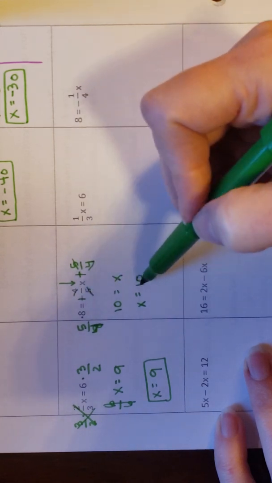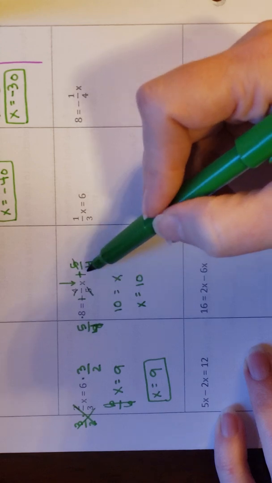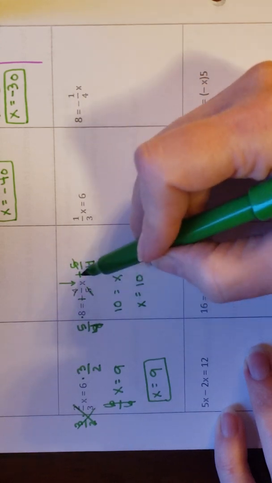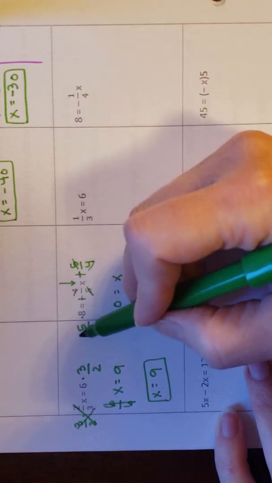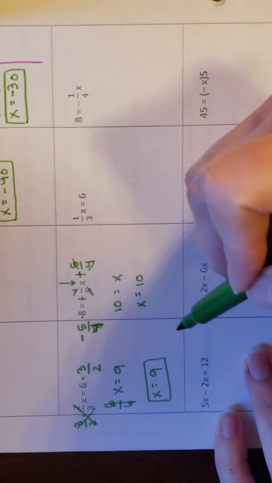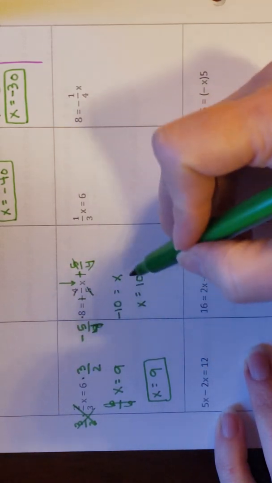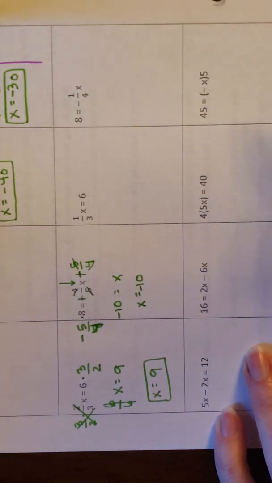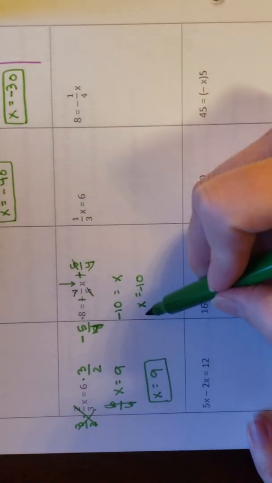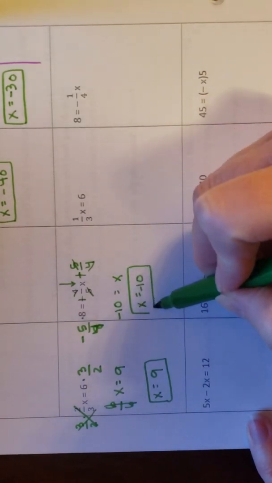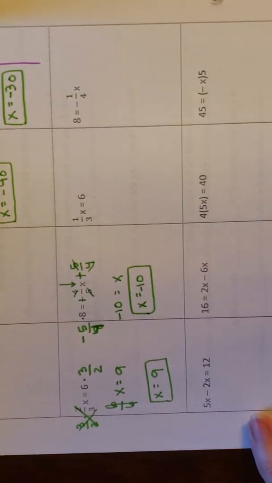But this is negative, so something went wrong here because, see how I multiplied this side by a negative? That sign is there because they canceled out. I should have also multiplied this side by a negative to get a negative 10. And so this is why you go back and check your work, because sometimes those signs get lost. Even if you've been doing this for 15 years, it's always good to go back and check your work.